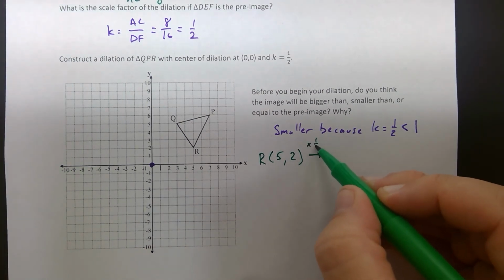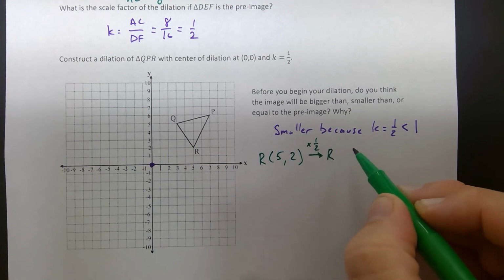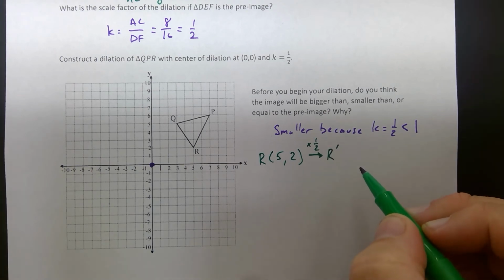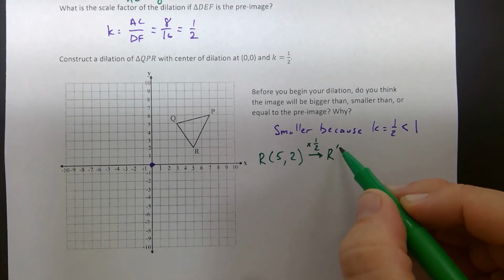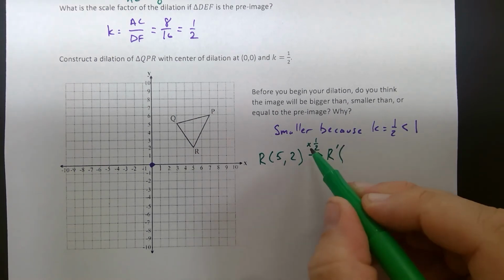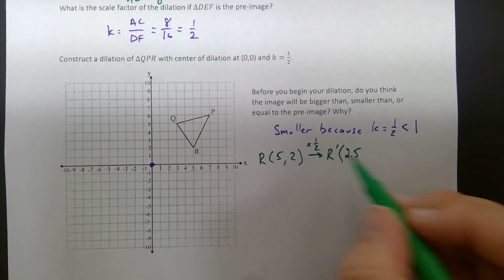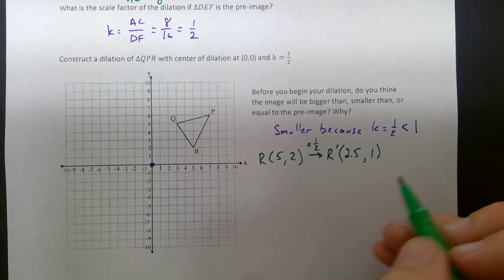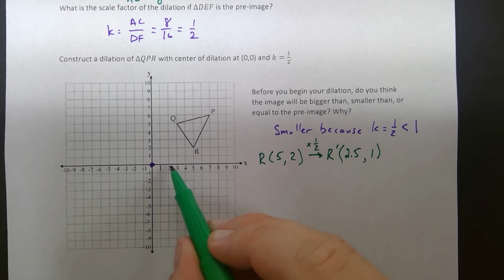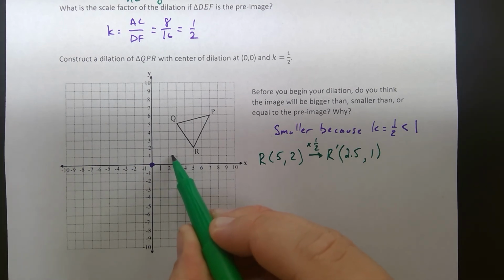So I'm going to say times 1/2 to get R prime. That's how I read that, R prime. That's where I move the point: 5 times 1/2 is 2.5, and 2 times 1/2 is 1. So we go ahead and graph that point. So there's 2.5, comma 1.